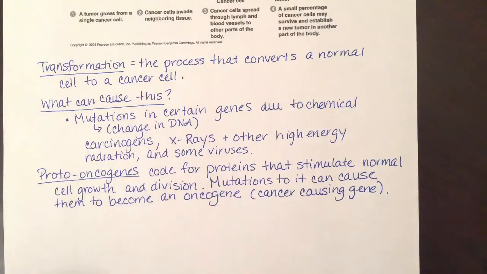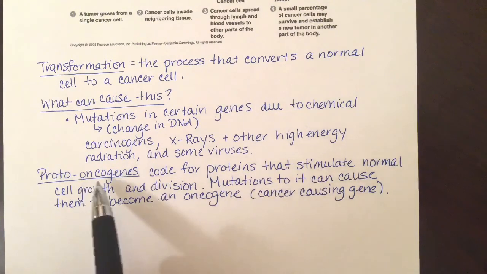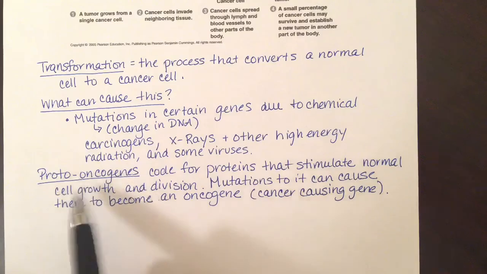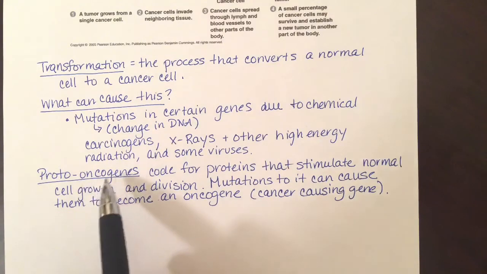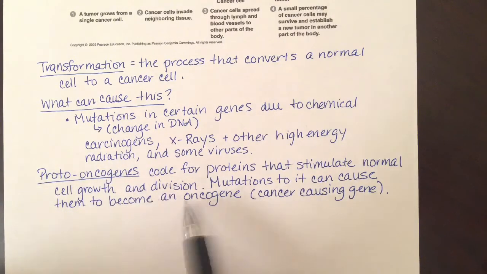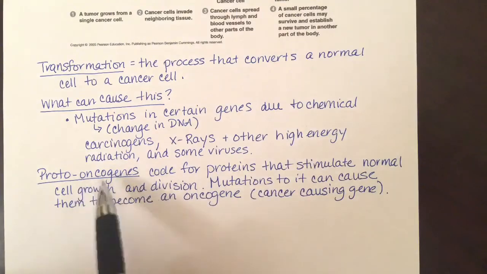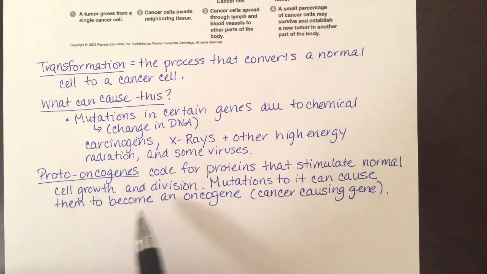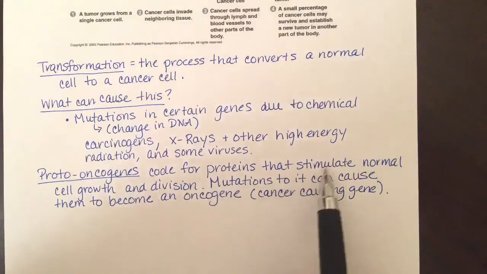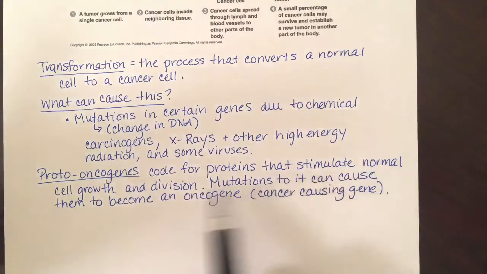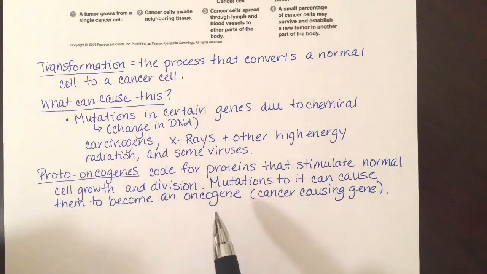So the proto-oncogene stimulates normal cell growth and division. Remember, cancer cells basically divide uncontrollably. So the mutation that happens to these doesn't turn the proto-oncogene off. It stimulates it and increases either the amount of the product that's made by that gene or the activity of it, so it causes excessive cell growth and division.